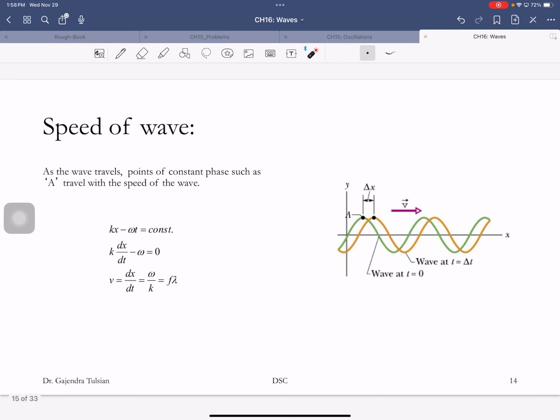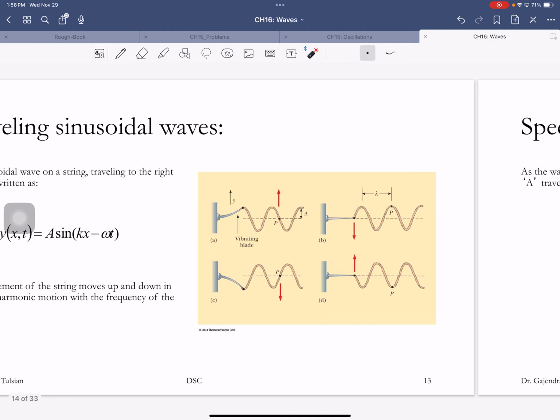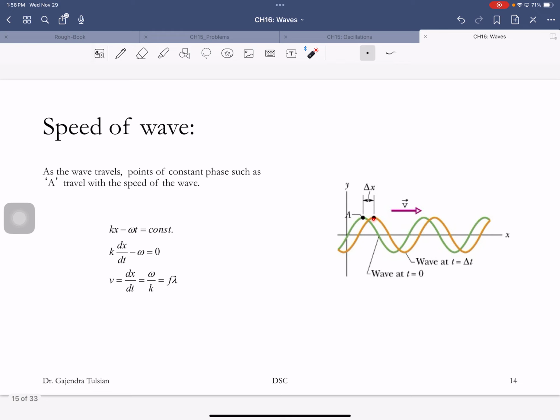And this point's phase is also pi by 2. As t increases, for the phase to stay pi by 2, you have to move further right. Did you guys understand that? The speed at which the constant phase points move to the right is the velocity of the wave.